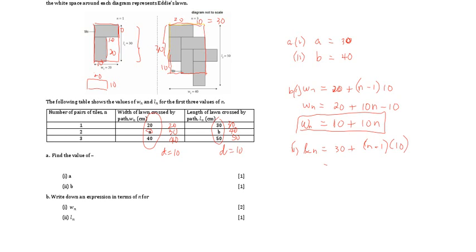So this simplifies to 30 plus 10n minus 10, which gives 20 plus 10n. Okay, we will be using this later on to solve the next problems. Okay, let's move to the next.